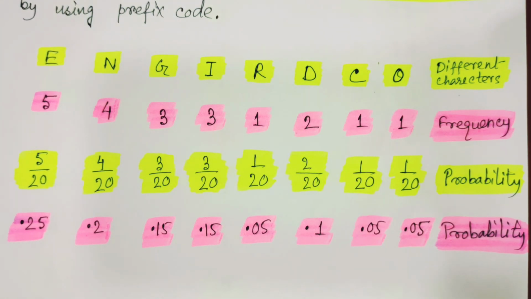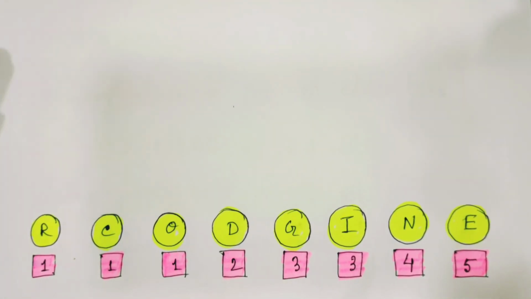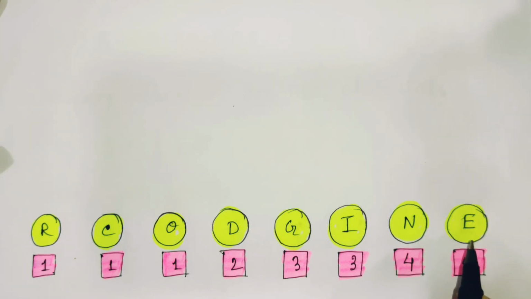So how to do this? Initially, whatever different characters are there, we should write them in ascending order of frequency or probability. Here I have used the frequency. So these are all the characters which are used to form the words "engineering decoding", and the corresponding frequencies are written below.